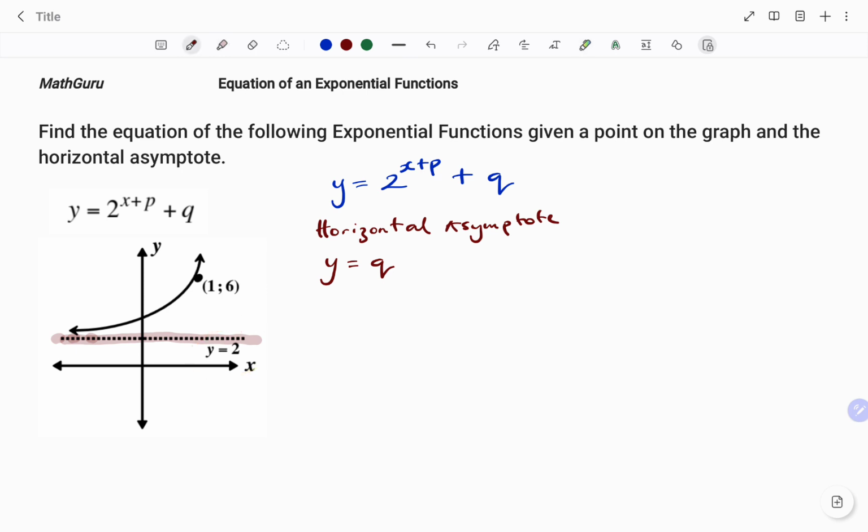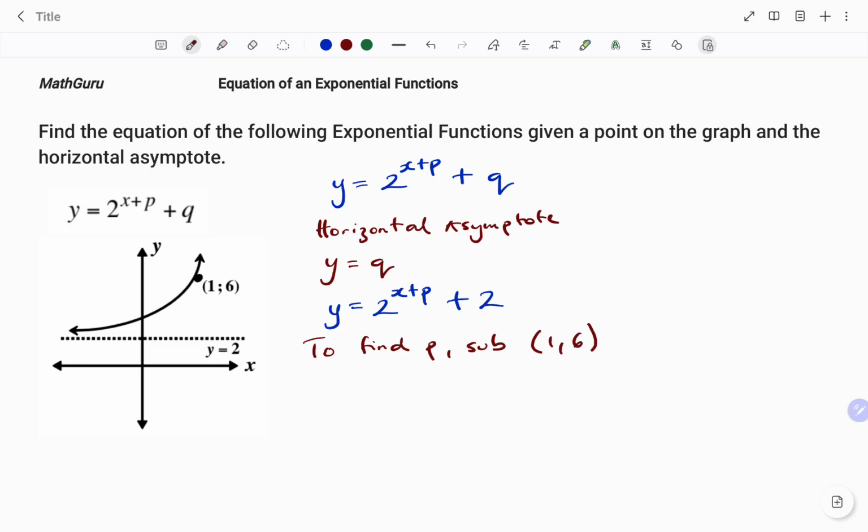So I'm going to put that back into the equation. I have y equals 2 to the power of x plus p plus 2. The next step is to find the value of p as shown. So what I'm going to do is to pick a point on the line and substitute that for x and y. So the point on the line will be 1 and 6 as shown, sub 1 and 6.